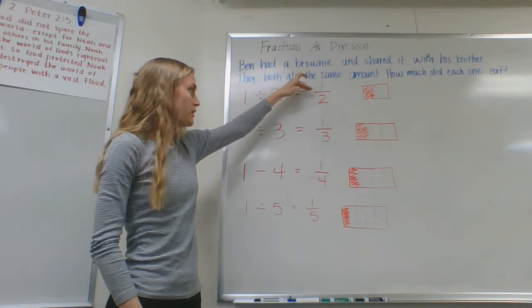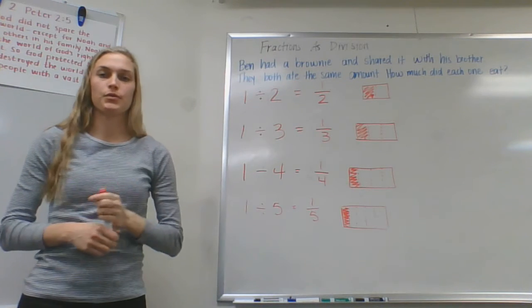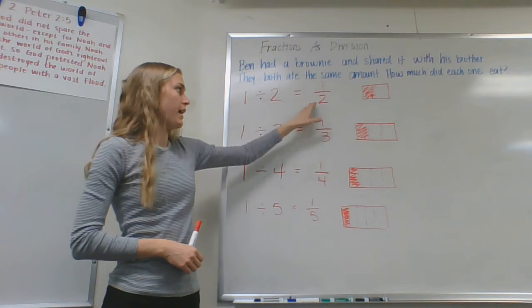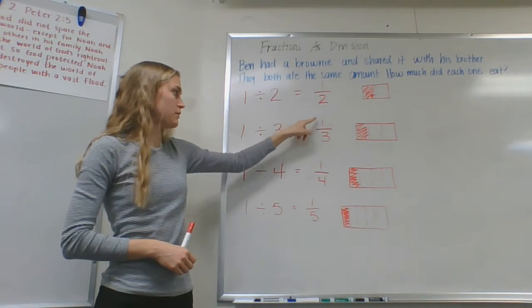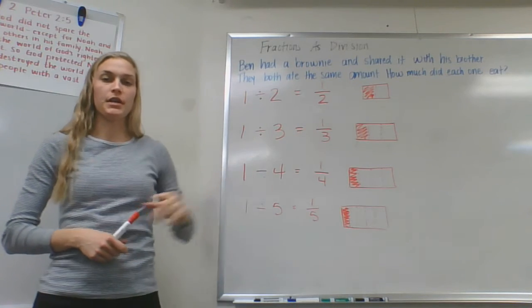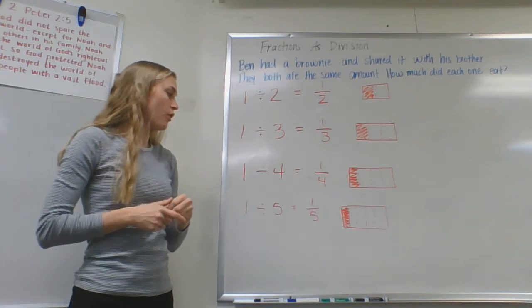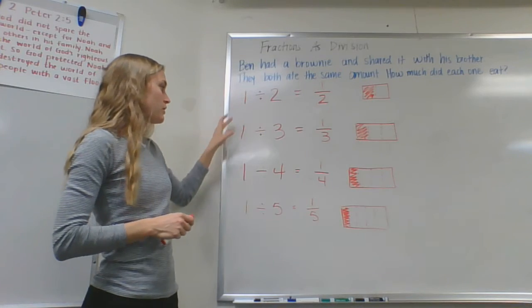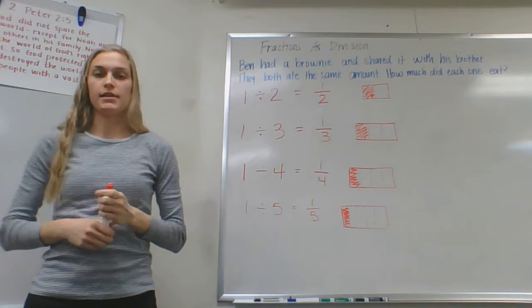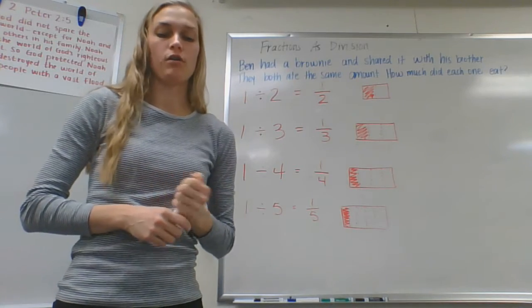So it's 1 divided by 2. 1 divided by 2 equals 1/2, and 1 divided by 3 equals 1/3. So this works for all fractions, not even just fractions that are called unit fractions, which means it has a 1 as the numerator. This works for all kinds of fractions.